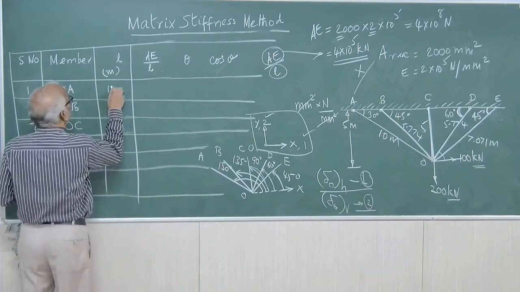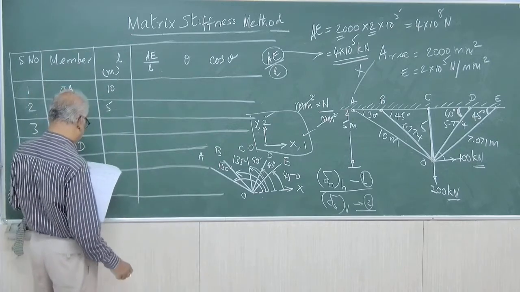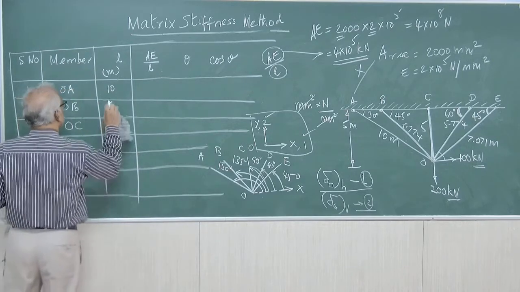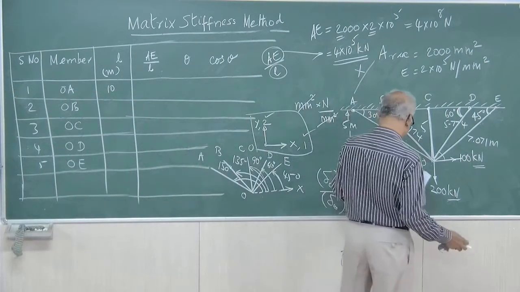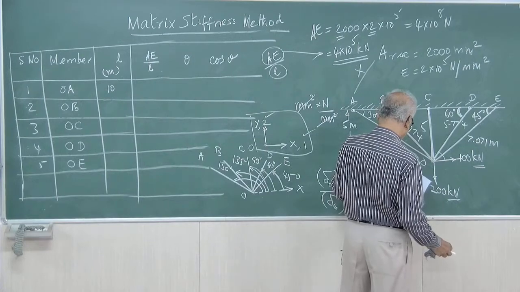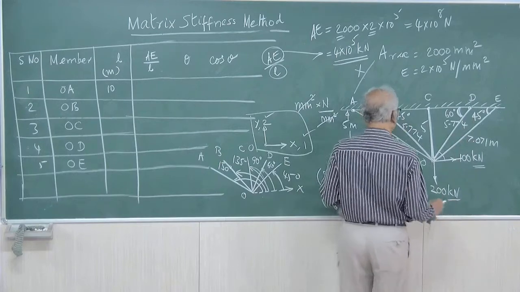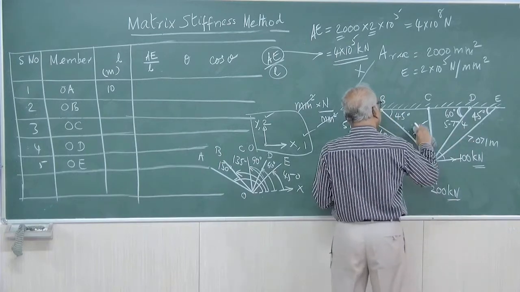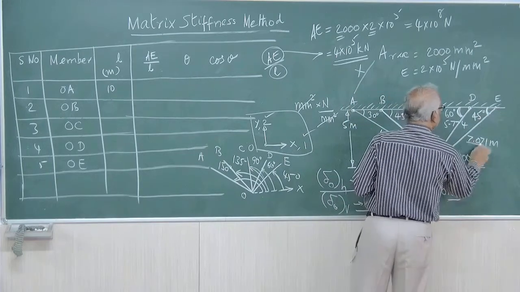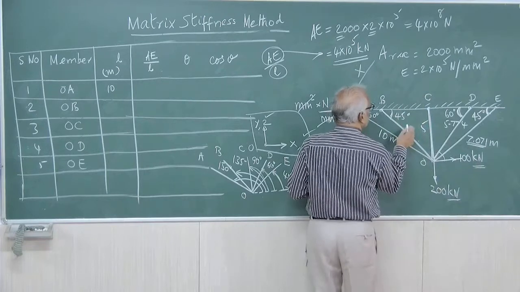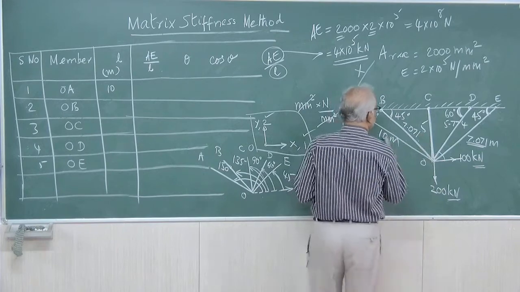For OB it is 5.774, not 5.774, actually it is a mistake, sorry, it is 7.071. This is 45, 7.071, this is also 45, this is also 7.071, this is 10 meters.